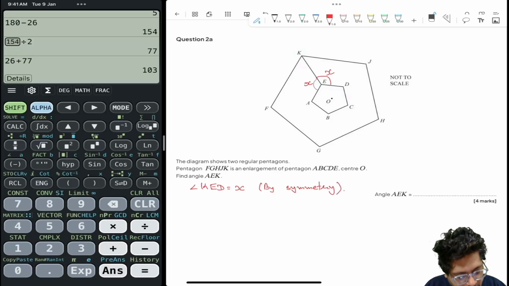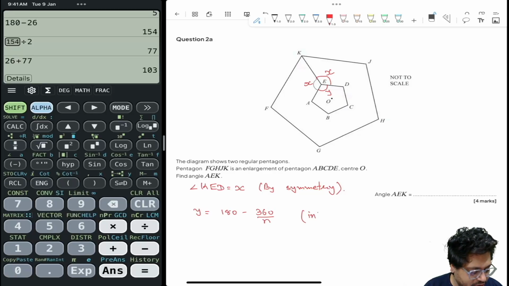Okay, and now call this Y. So Y is an interior angle of a regular pentagon, and each interior angle of a regular pentagon is equal, and that we can find using the formula that Y is equal to 180 minus 360 upon n, right? Reason is interior angle of regular polygon.